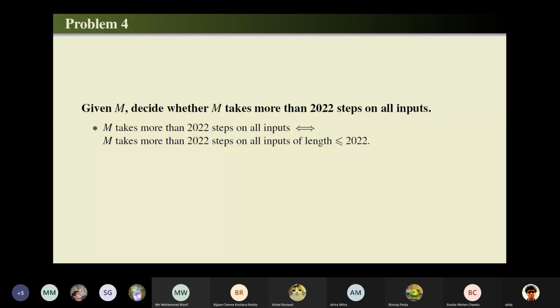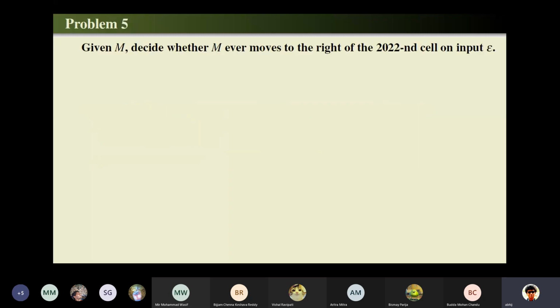So once again, it suffices to simulate M on all inputs of length less than or equal to 2022, each for 2022 steps. So this is problem 4.